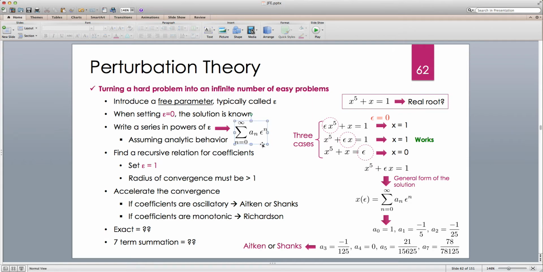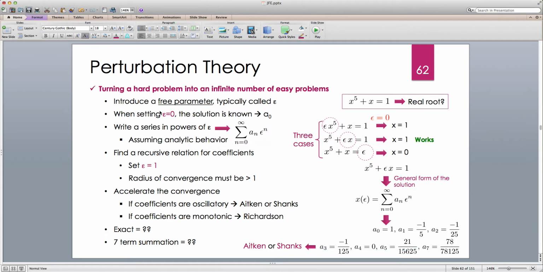So we do this, and remember the first term, this summation starts from 0. So a0 epsilon to the 0th power is just a0, right? And a0 is basically evaluating this series at epsilon equals 0. So when we set the epsilon to 0, the solution is in fact a0.